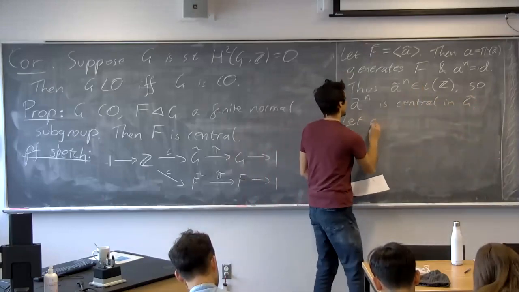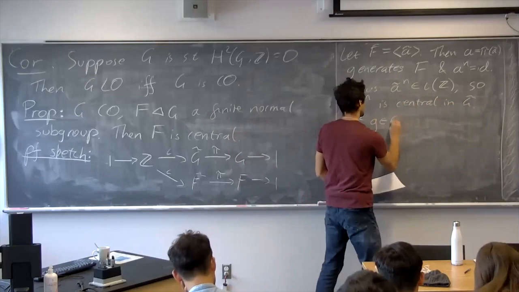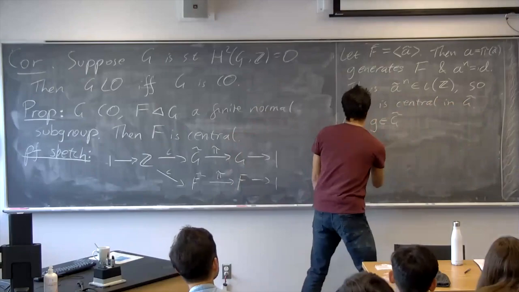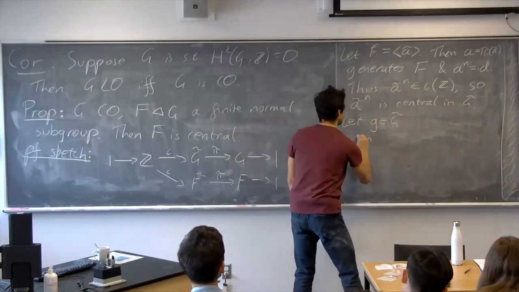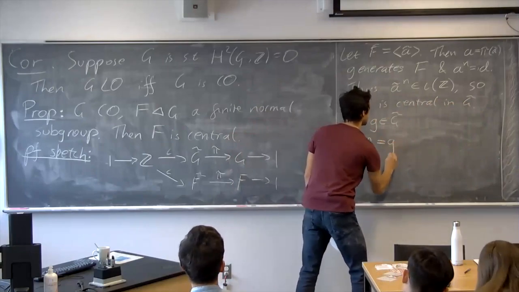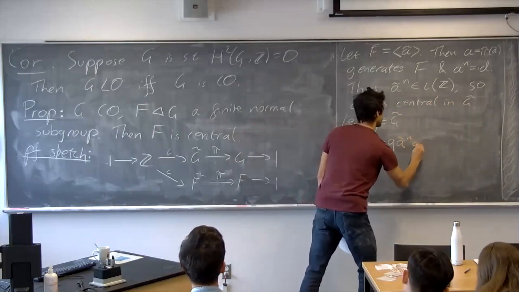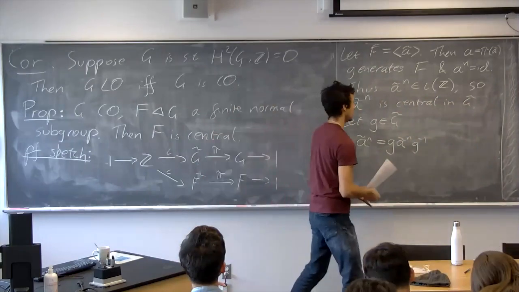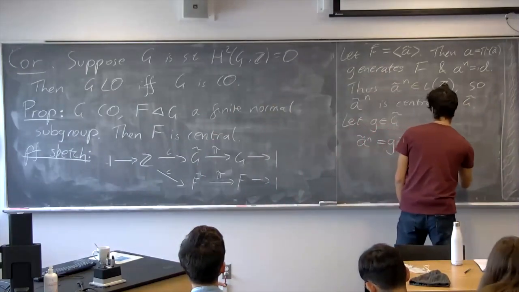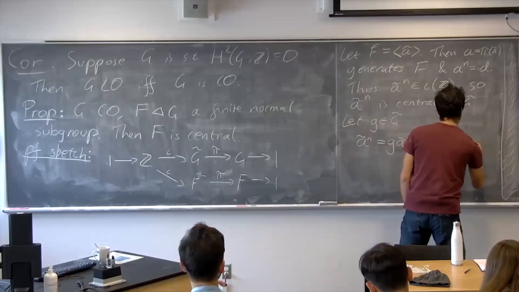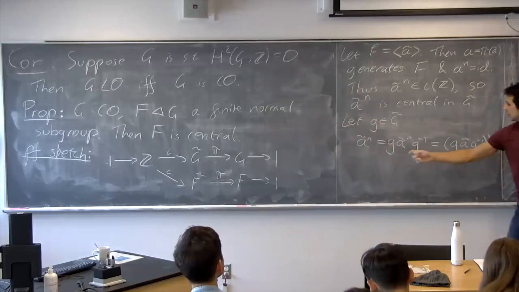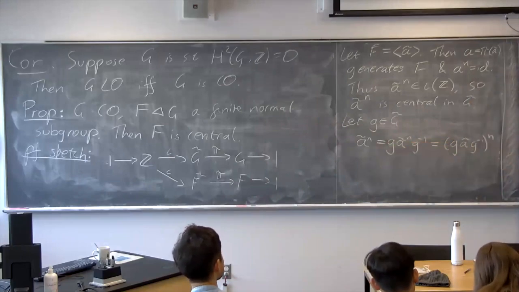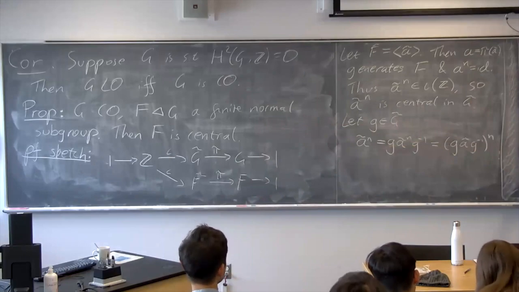Now let g be in G tilde. A tilde to the N is equal to g A tilde to the N g inverse because it's central. Nothing's happened to it. But I can call this g A tilde g inverse to the power of N. This equality is happening inside the integers, inside a group which is Z. Z has unique roots.